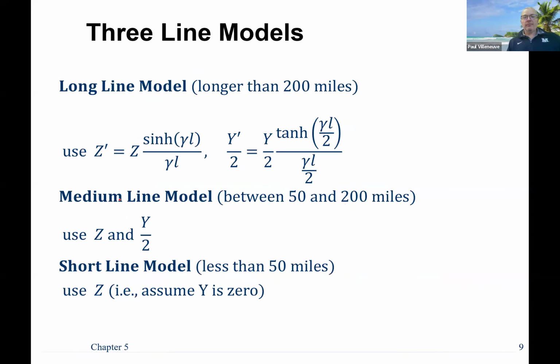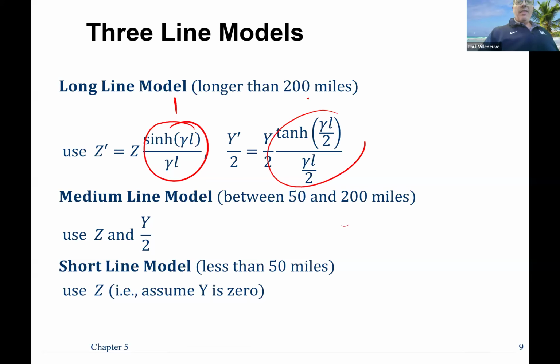So if my line lengths are very long, then I've got to go ahead and do my hyperbolic sines and cosines and gammas. If I want to be able to accurately calculate what's happening on the sending end, then I've got to use those parameters. My z parameter, I have to go all the way back to the root. If the line isn't all that long, then this is equal to 1, and this is equal to 1.